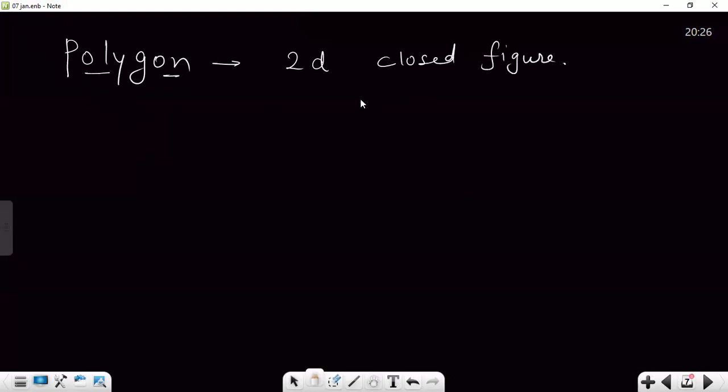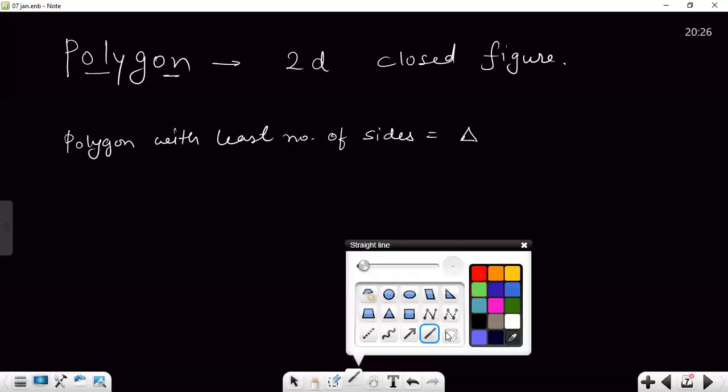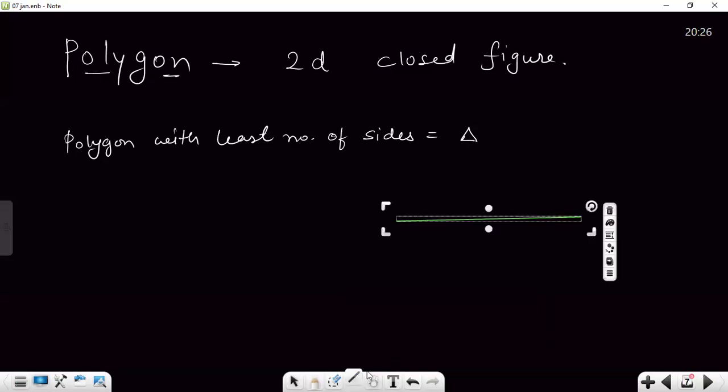What is the polygon which has the least number of sides? Triangle. Yes. And which is the polygon having no defined number of sides, like infinite number of sides, or you may say 0 sides? Line? No, a line is not a closed figure.